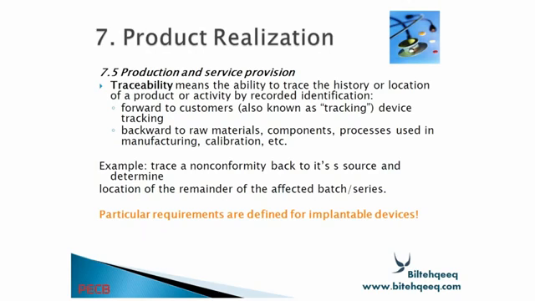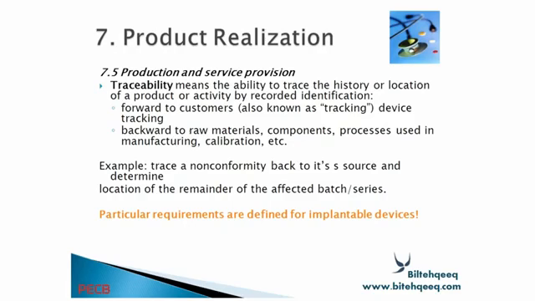And traceability means the ability to trace the history or location of a product or activity by recorded identification, forward to the customer, also known as tracking or device tracking, and backward to raw materials, components, processes used in manufacturing, calibration, etc. Example: trace a contaminated lot back to its source and determine the location of the remainder of the affected batches.